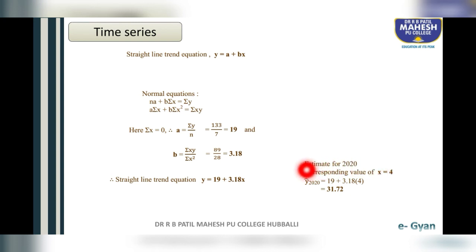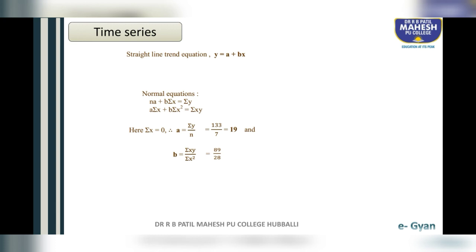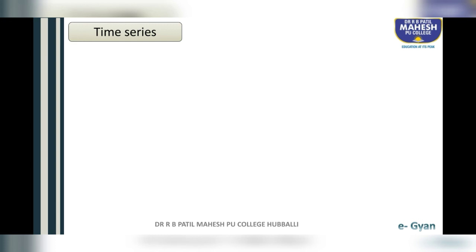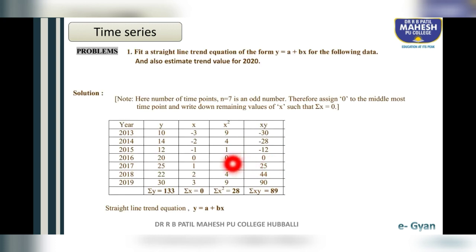The equation is a plus b into x. See here, students, for 2019 the x value is 3, so to estimate the trend value of 2020, the x value becomes 4.